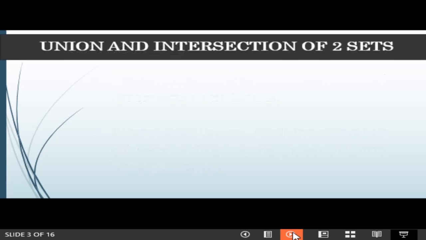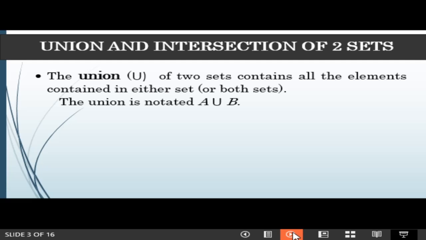So let us first define the words union and intersection of two sets in mathematical language. The union of two sets contains all the elements contained in either set or both sets, and it is notated as A union B. This is the symbol for union.